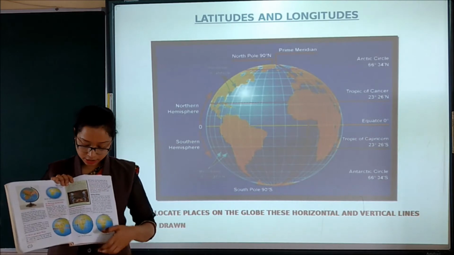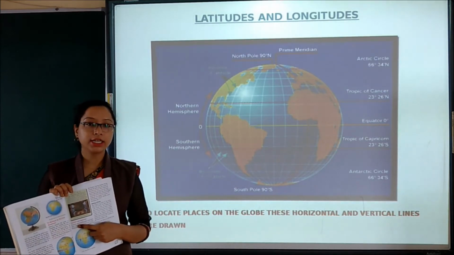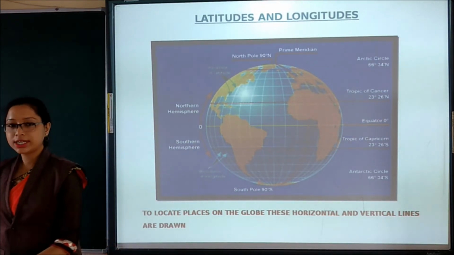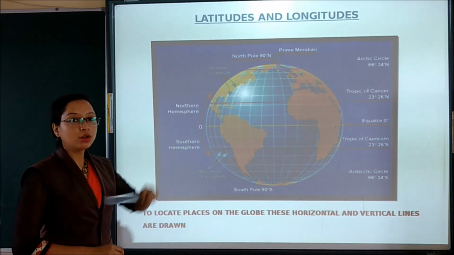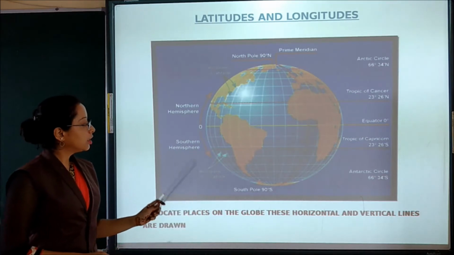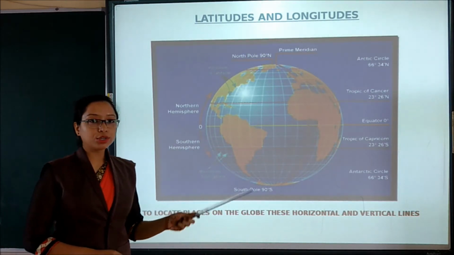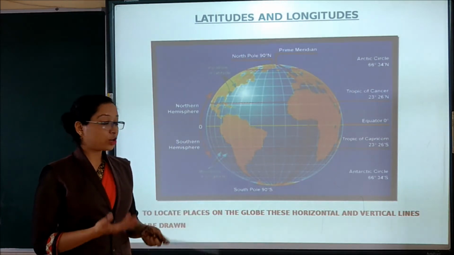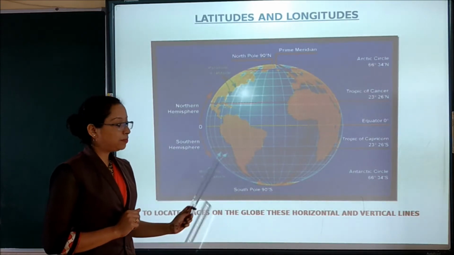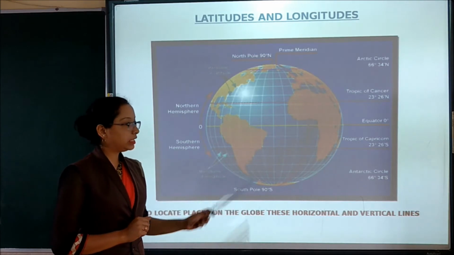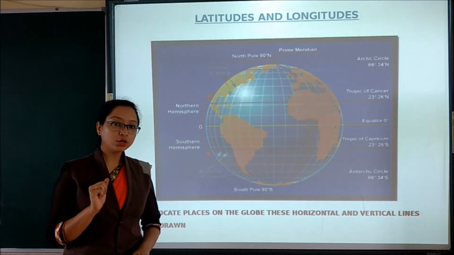On page number 3, children, we are having another heading, latitude and longitude. Now let's understand what it is. Why are latitudes and longitudes used and what are latitudes and longitudes? To locate places on the globe, we need latitudes and longitudes.